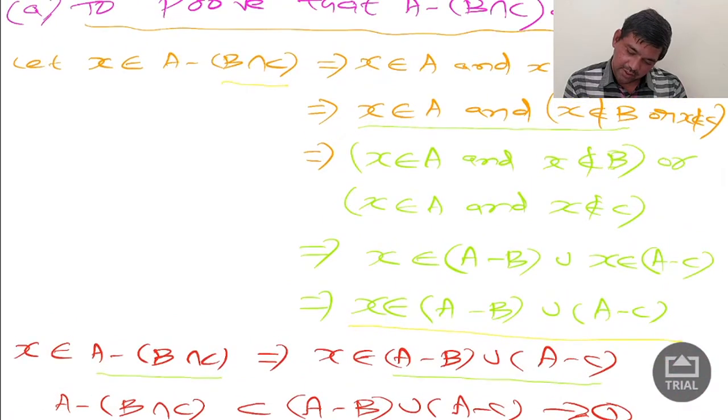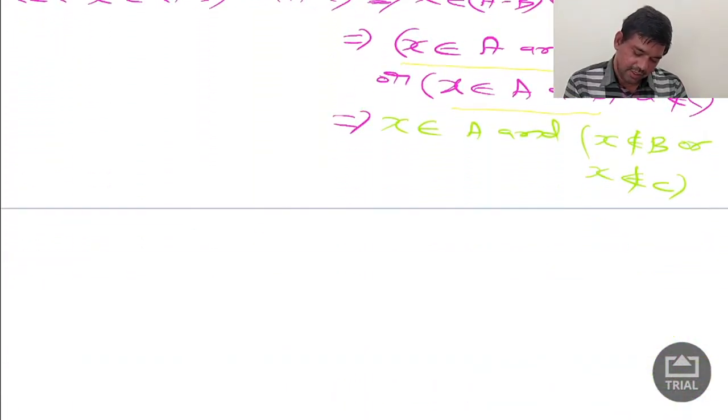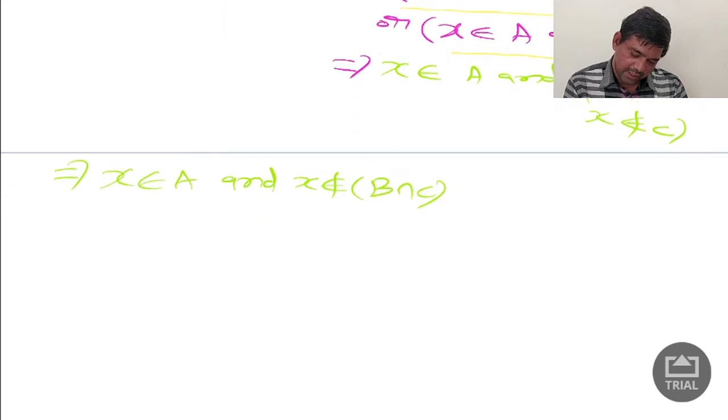So the step is here, you can see the step. Same step is there, which means I'll write this side because here want some space. So this implies x belongs to a and x does not belong to b intersection c. This implies x belongs to a minus b intersection c.